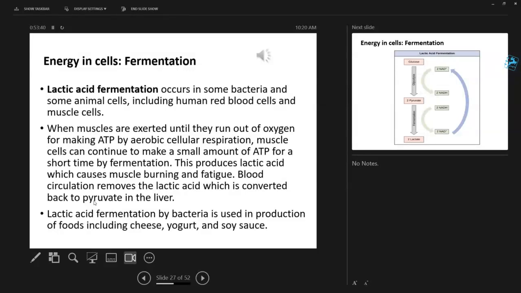Your muscles have a couple of other tricks, a couple of other ways of making ATP that your other cells don't have, just because muscle cells use so much ATP. Your red blood cells have a protein that carries the oxygen called hemoglobin.